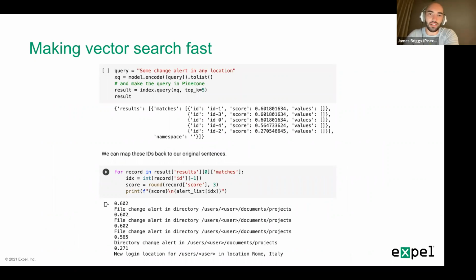So I think the next slide, we have a quick example of how we would do this in Python, and a little bit of Pinecone at the bottom there as well. So what we have is our query at the top: some change alert in any location. And if you remember the fake alerts that we had before, we had things like file change alert in directory, change alert in another directory, and also new login location, which you can see at the bottom.